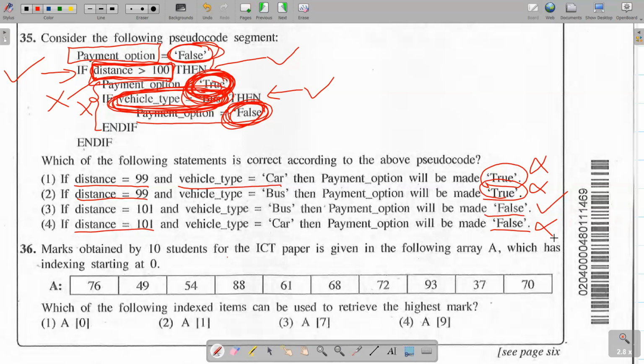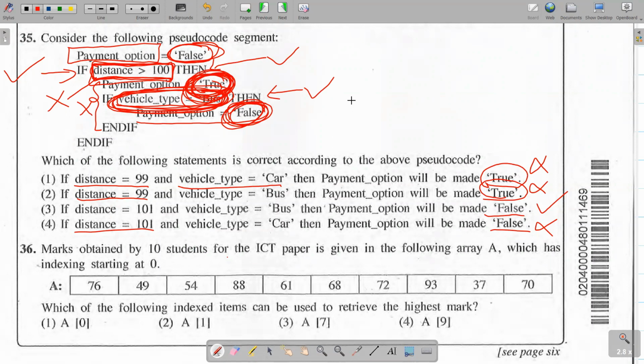Is it clear, or do you need me to explain it again? Is it clear? Okay. Right. 36th.